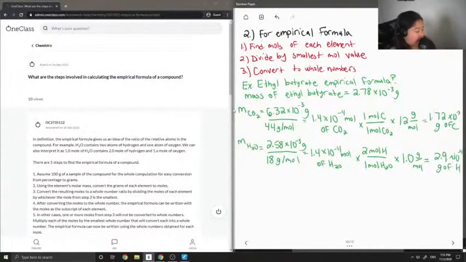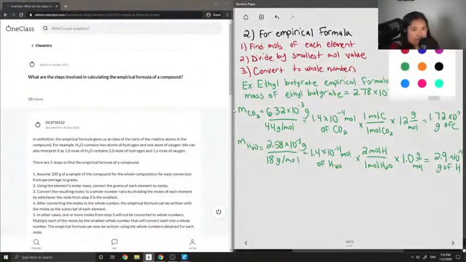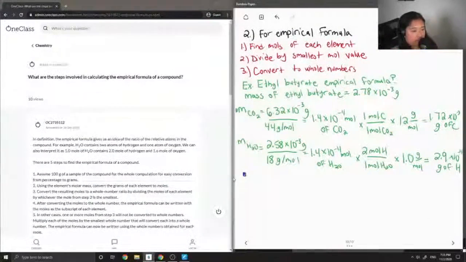To find the mass of oxygen that's left over, let me use a different color. To find the mass of oxygen, it's going to be our total mass, which is the 2.78 times 10 to the negative 3, and then I'm going to subtract the grams of carbon and hydrogen that we found in the first part of the question.